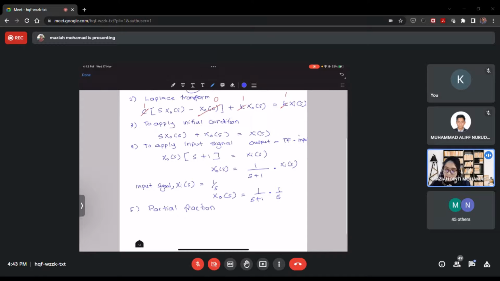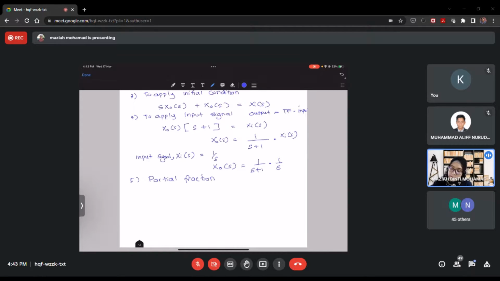Basically, for the partial fraction, we get 1 over (s plus 1) multiplied with 1 over s is equal to a over s plus b over (s plus 1).